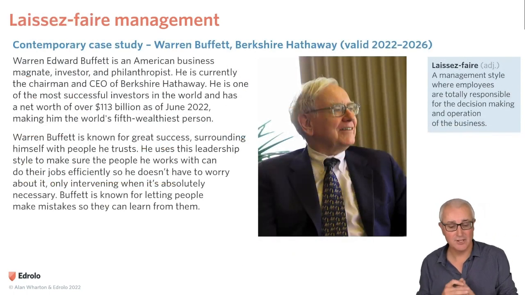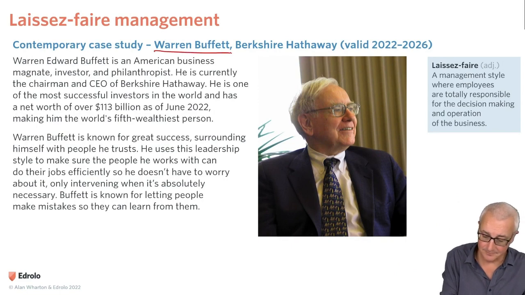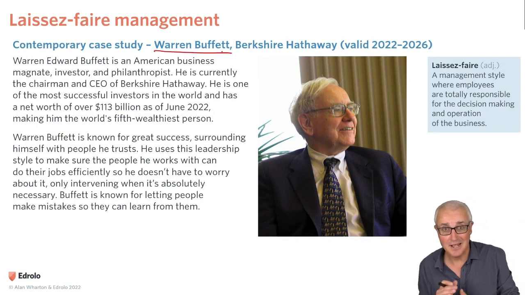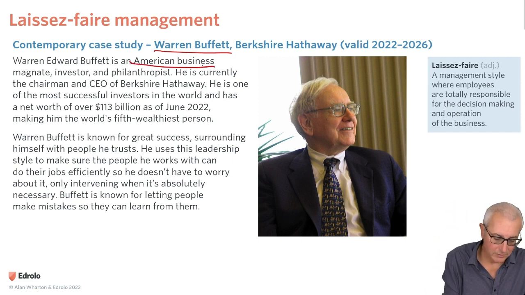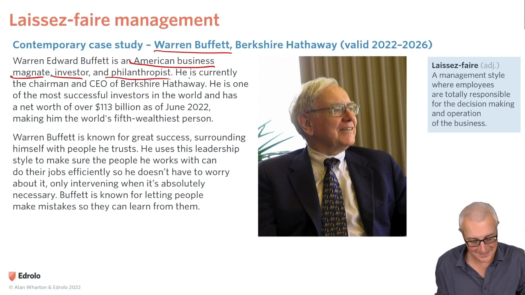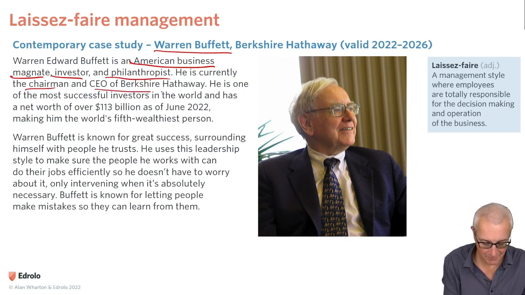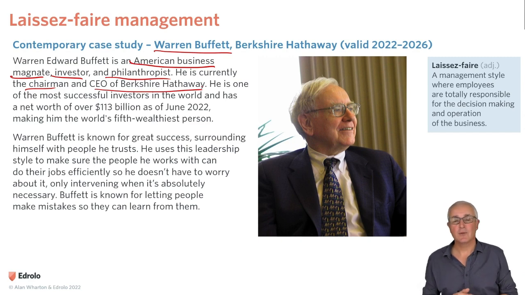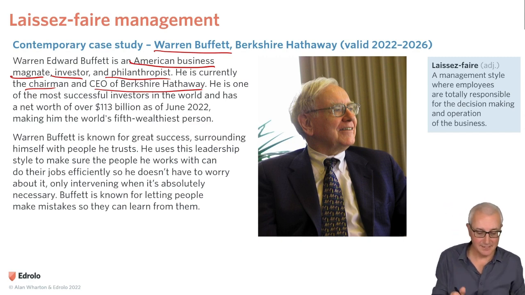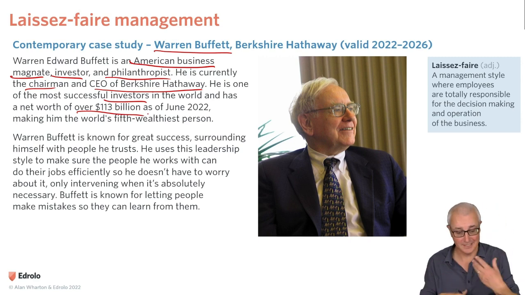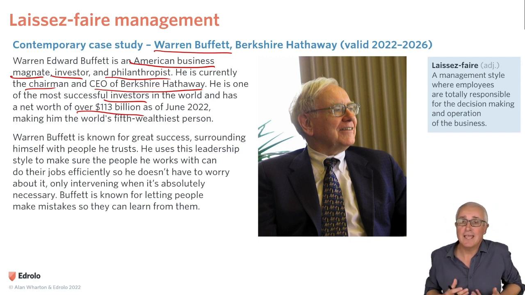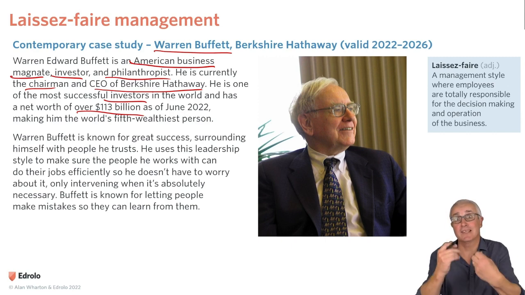A contemporary example is arguably Warren Buffett. If you've ever followed this gentleman and seen his background, he's a well-known business magnate, investor, and philanthropist, and he's currently the chairman and CEO of Berkshire Hathaway. Principally, he's an investor. The idea being he's got a lot of money to invest in different projects and to see them occur, and therefore he entrusts the people he invests the money in.